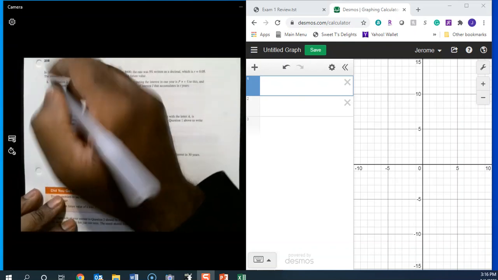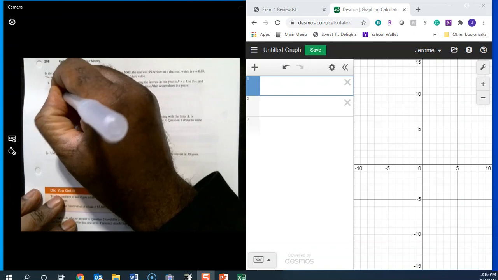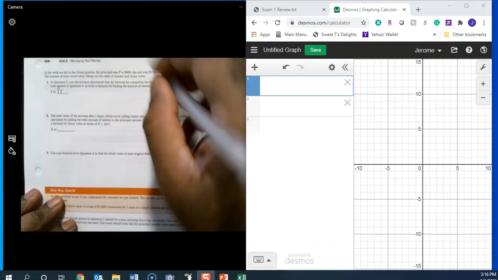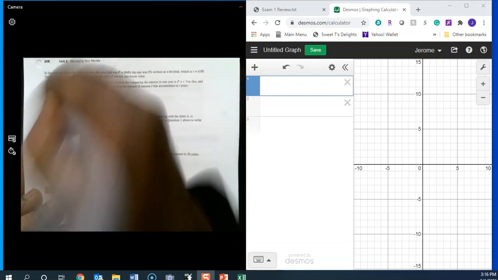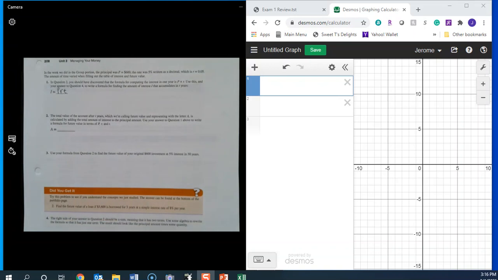So we have interest is equal to the principal times the rate, and then we're going to do times time, because that's basically what we did. We did it times time as well. So the formula is interest is equal to principal times rate times time.